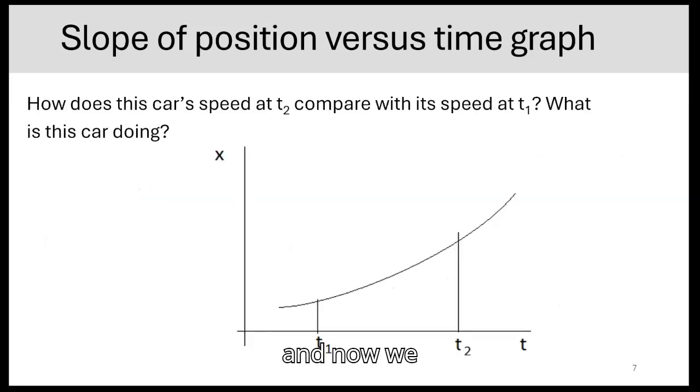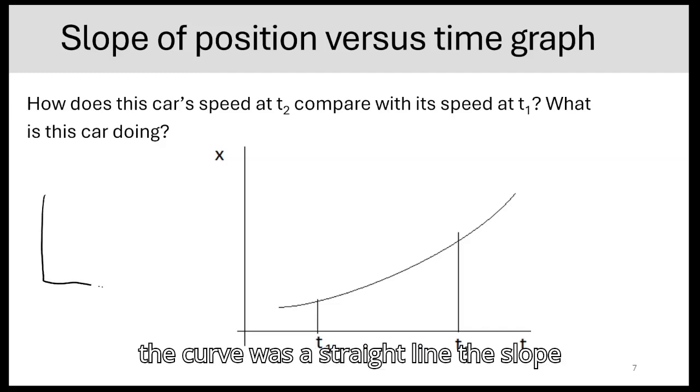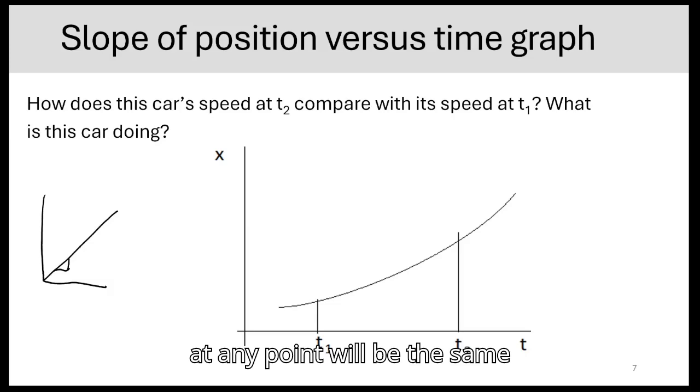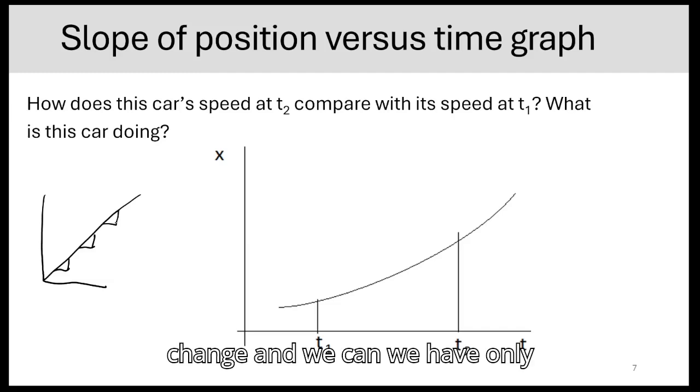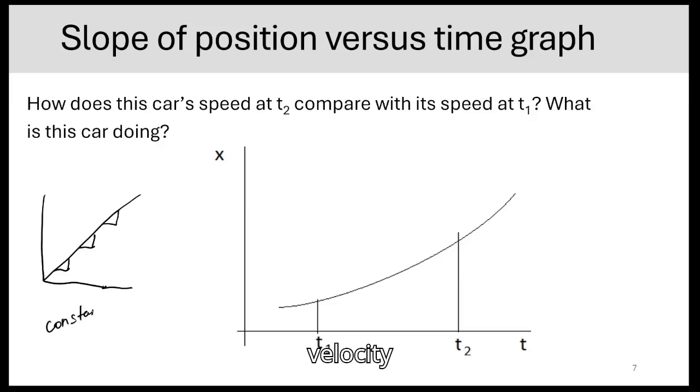And now we know how a linear line works: if the curve is a straight line, the slope at any point will be the same, so the slope will not change and we will have only one slope, meaning constant velocity.